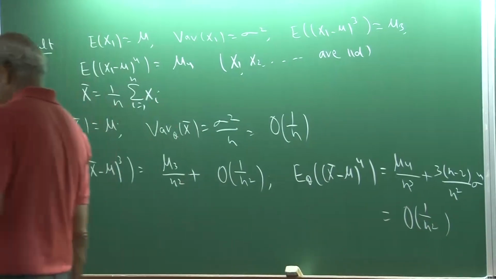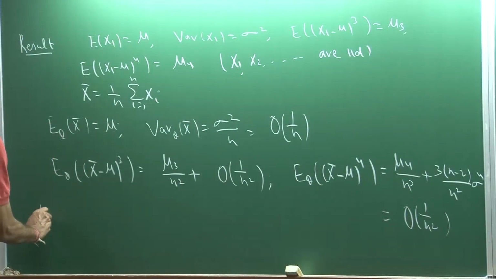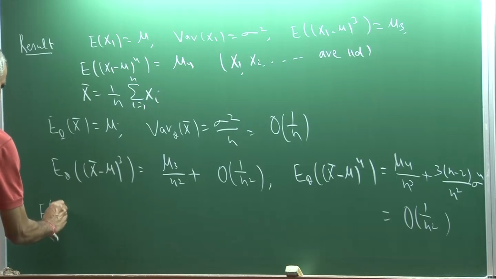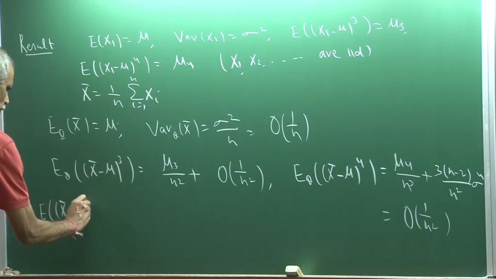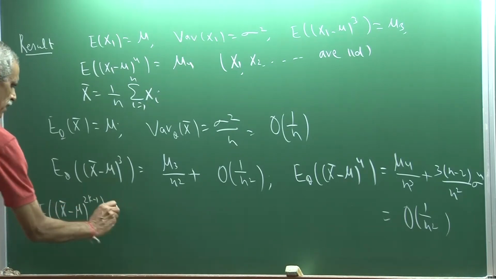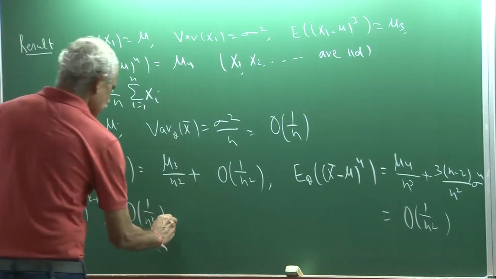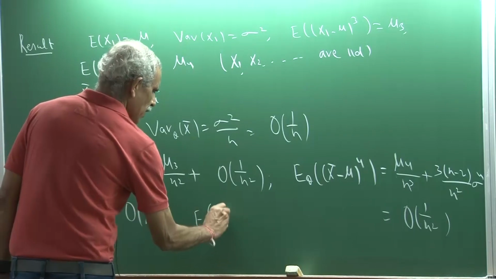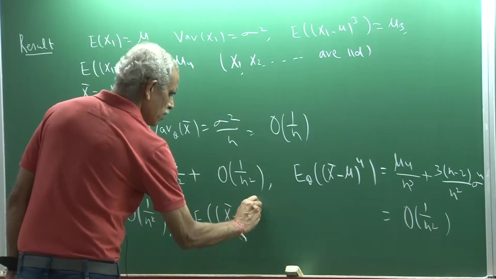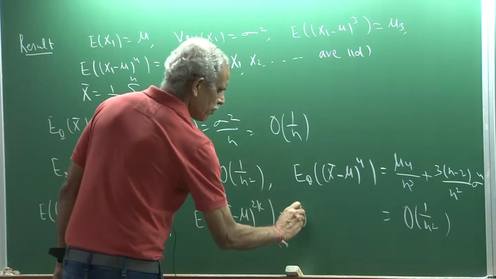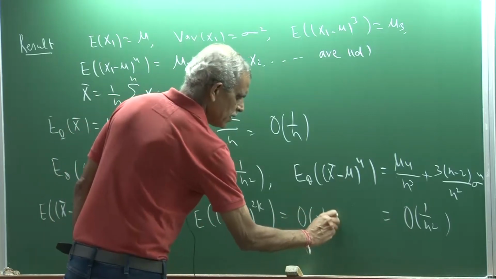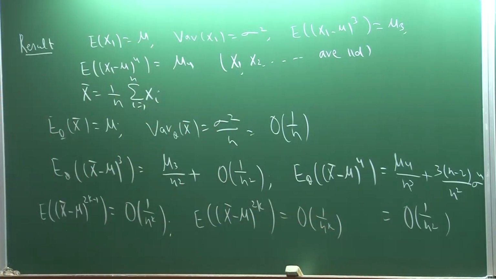In general, expected value of x bar minus mu to power 2k minus 1 is of order 1 by n to power k, as well as expected value of x bar minus mu power 2k is also of order 1 by n to power k. So this gives various orders for the first 4 central moments of x bar.